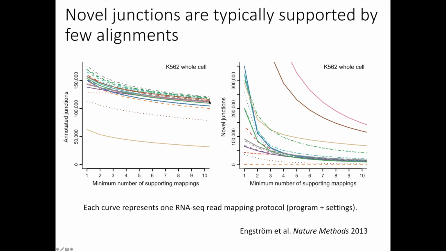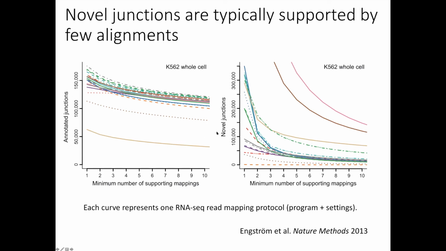So meaning that there are lots of reads that are covering this intron-exon junction, and therefore you can do filtering easily, saying that, okay, I want at least 10 reads to cover one intron-exon junction to believe in it, and you would basically not lose that many of the known annotated correct junctions.